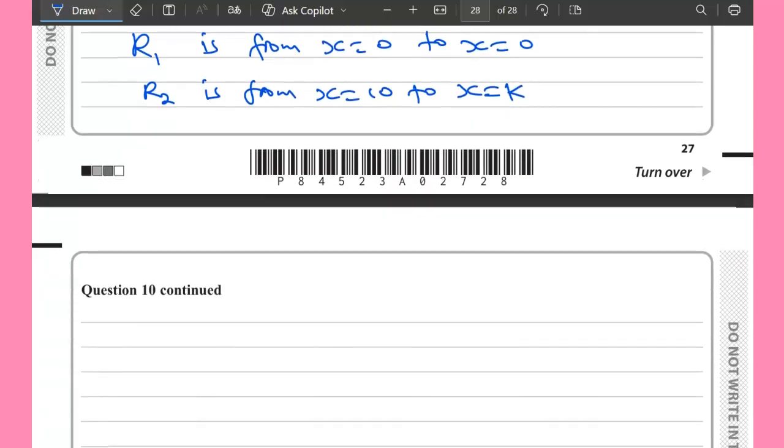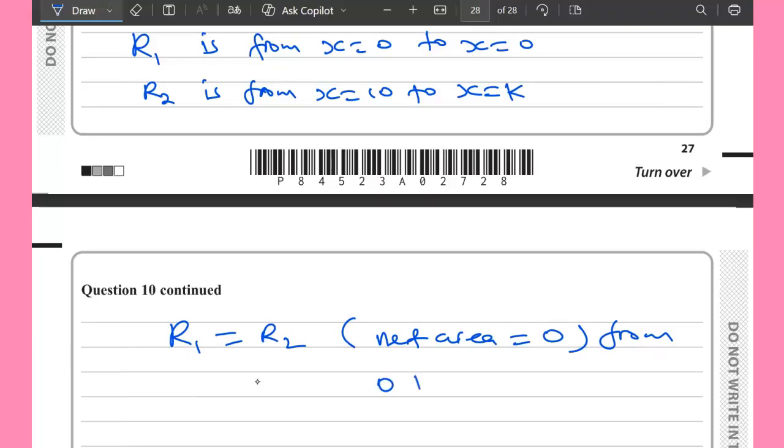So here we can argue that since R1 is equal to R2, the net area will be equal to 0, of course from 0 to k.